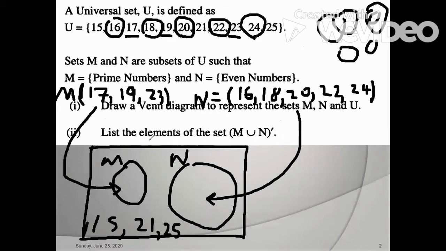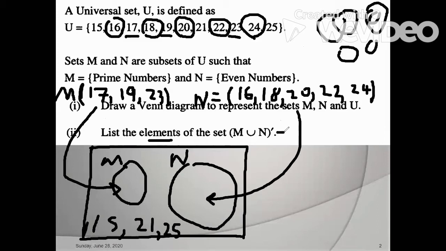It says list the elements of the set M union N complement. Now, M union N without the complement is everything contained in either M or N. So M union N complement means everything that's outside the circles.